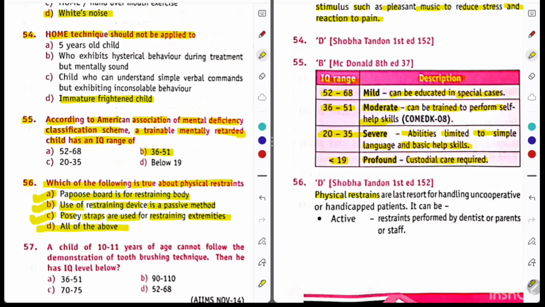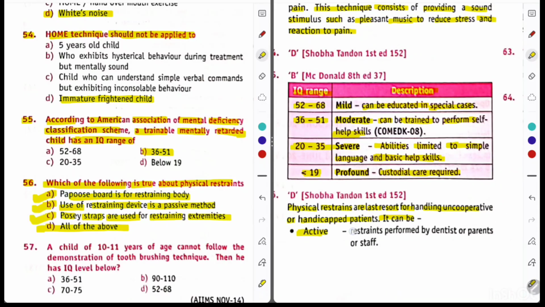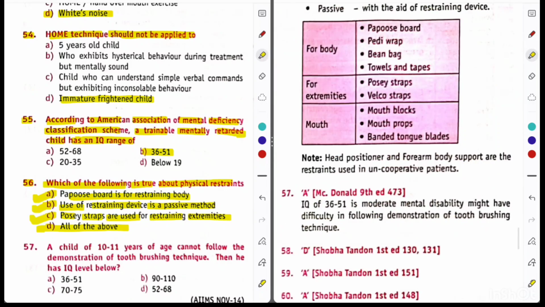Physical restraints are last resort for handling uncooperative or handicapped patient. It can be active restraints performed by dentist or parents or staff, or passive with the aid of restraining device. For body, the restraints used are Papoose board, pedi wrap, bean bag and towels and tapes.